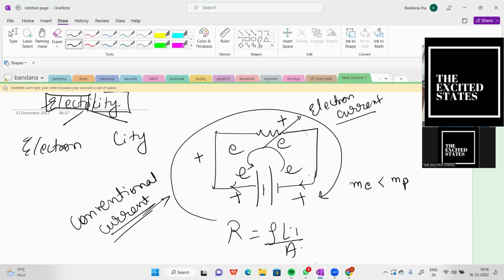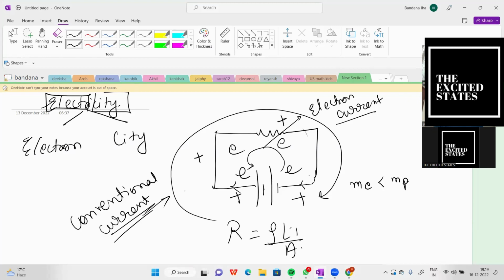Resistance formula: rho times L, the length of the wire, upon the area of cross section of the wire, rho L by D, diameter. D, that is the area.